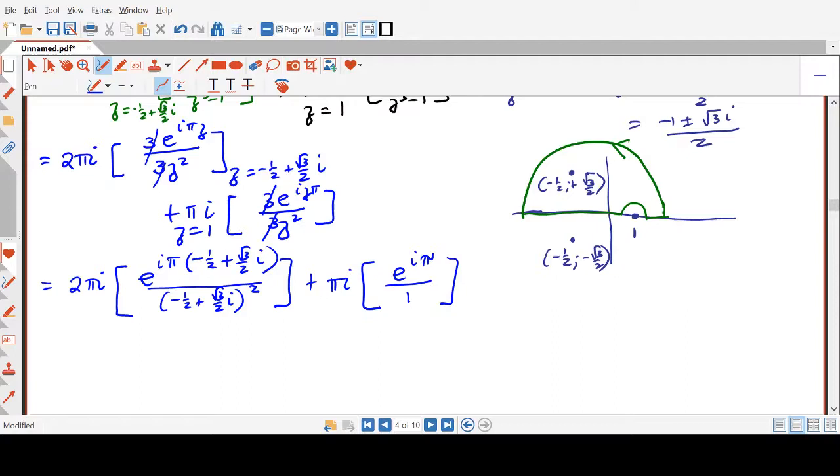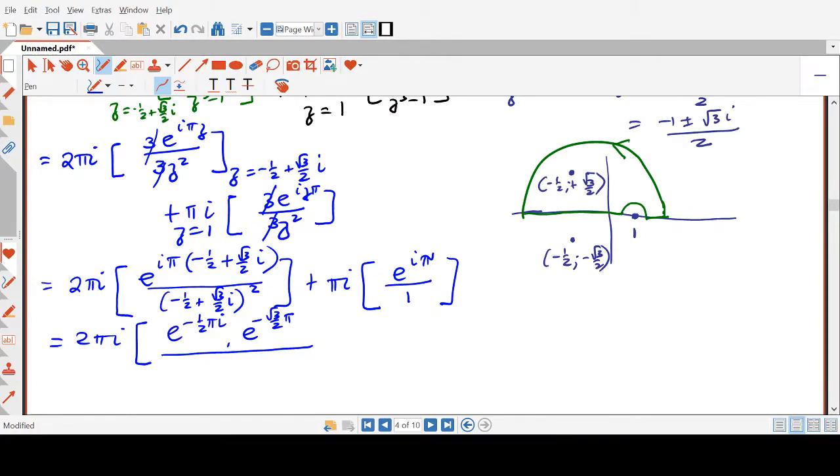So this means we have to finish this problem. That's 2 pi i. Okay, this one is e to the, what's e to the minus half pi i, times e to the minus root 3 over 2 pi. At the bottom, if you square these two, what do you get? 1/4 plus 3/4.